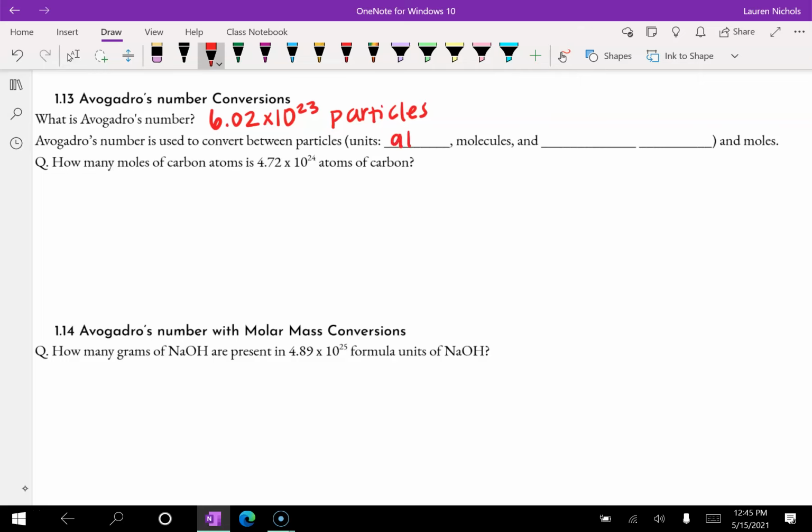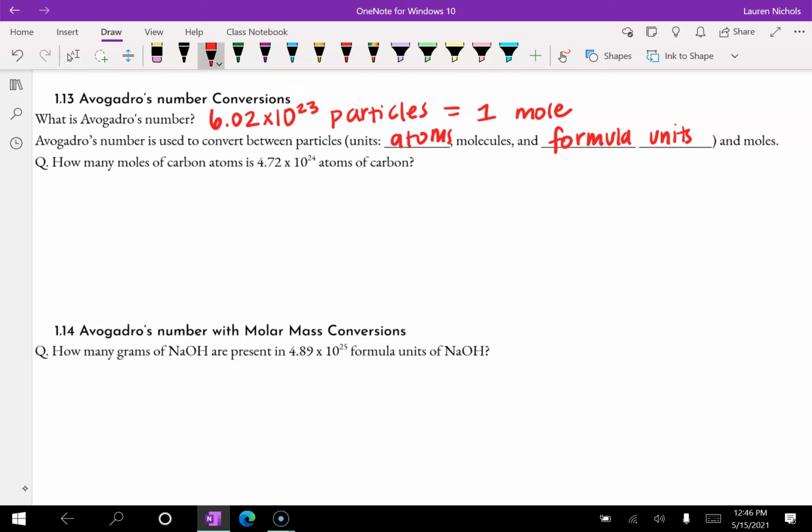It could be atoms, molecules, and formula units. So if you see in a problem the word atoms, molecules, formula units, or particles, then it will be your kind of flashing red sign that that's what you need. And Avogadro's number is always equal to 1 mole, just like your molar mass is always equal to 1 mole.